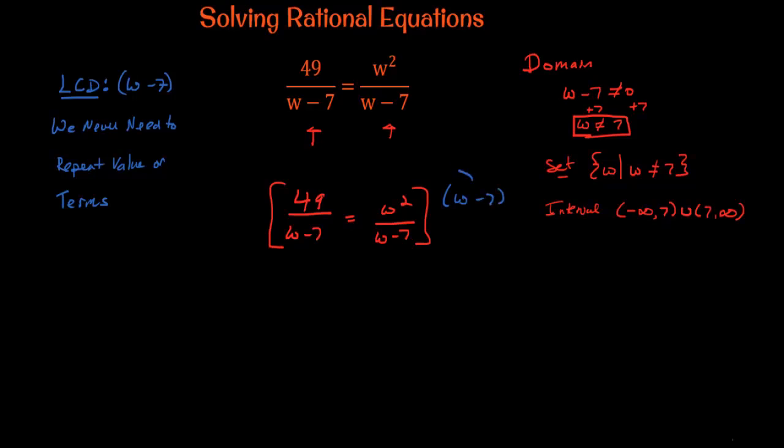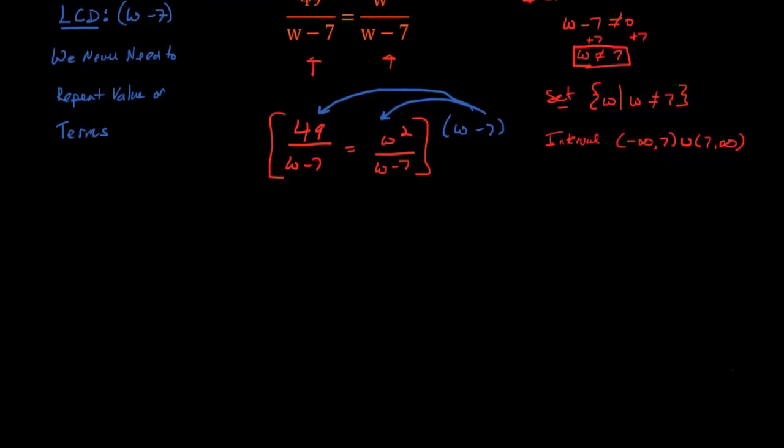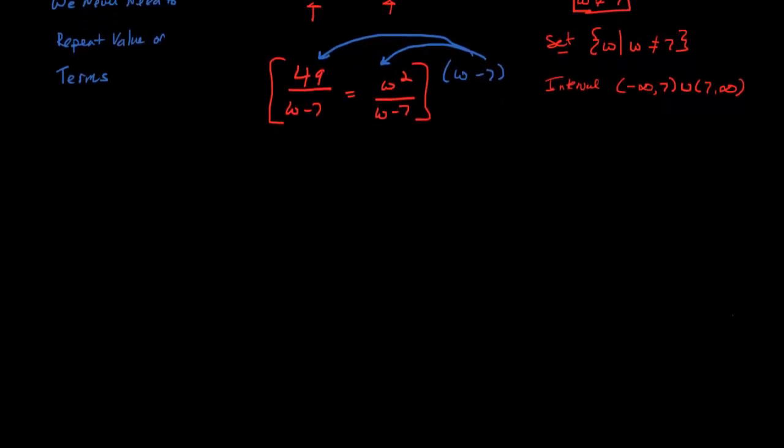When we do that, we multiply both terms. In our last example I showed you a little intermediate step, and I'm going to keep showing you this intermediate step.